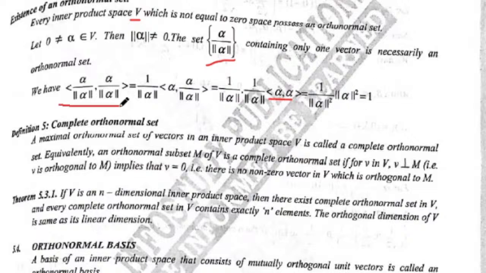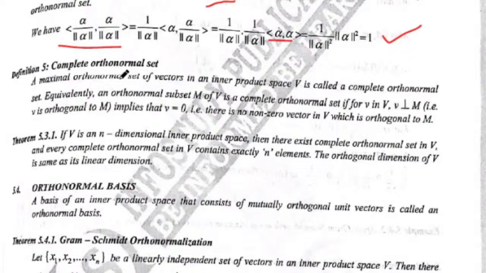So, norm of X is equal to 1. This property is satisfied, and for the other one it is equal, so we need not check the second property. So, every inner product space which is not equal to 0 possesses an orthonormal set.